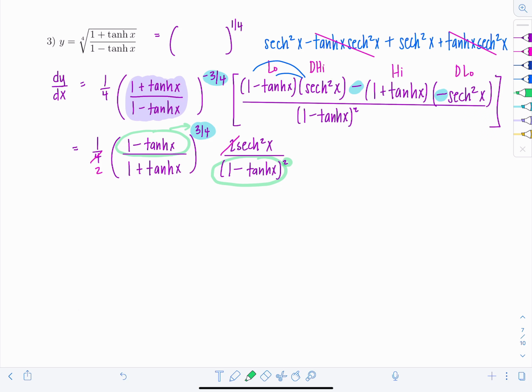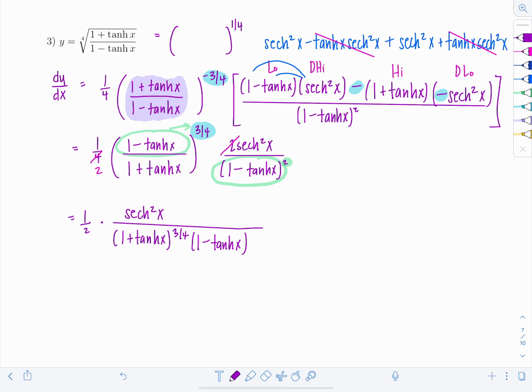So we're going to have over here 1/2 times, I've got sech squared x in the top. I'm going to separate these. So I've got (1 plus tanh x) to the 3/4, and then (1 minus tanh of x) to the 2 minus 3/4. So that's going to be to the 5/4.